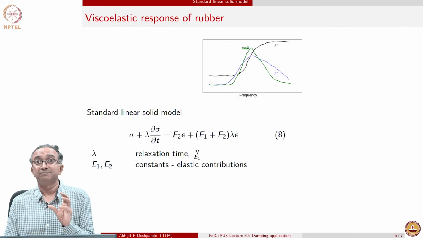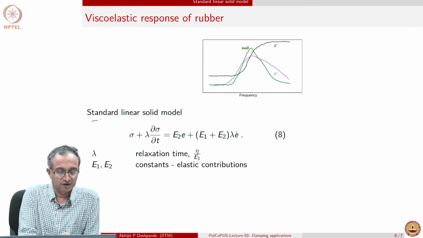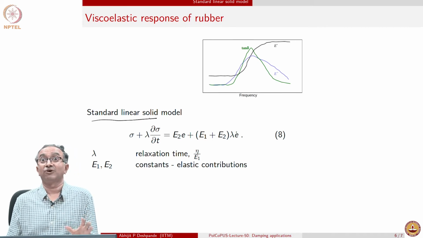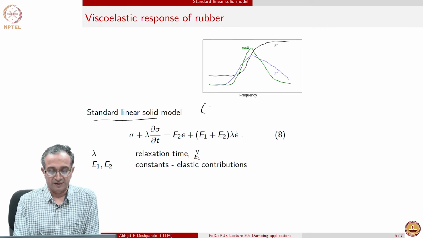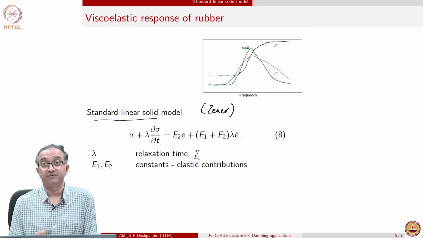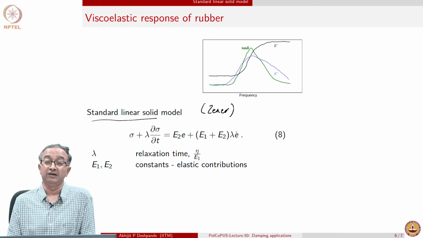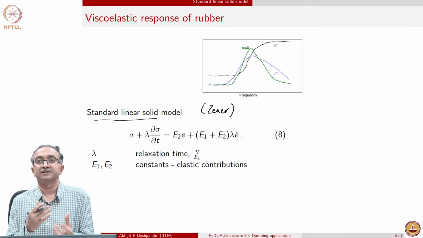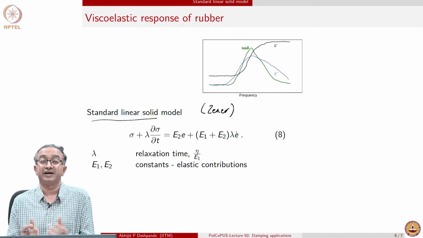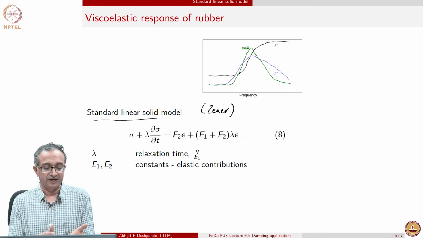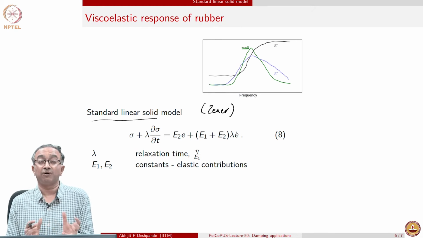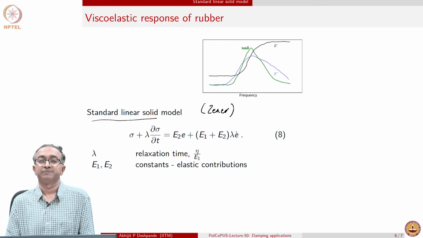So, let us look at a simple model which can actually capture this, and it is called the standard linear solid model. There is an electrical analog of this model also, and that is called Zener. So, sometimes when you search the resources, you might find Zener as another popular model, where the capacitances and resistances are combined in a way that you get this response, which is a good combination of elastic and viscous, and importantly it gives a more solid-like response.